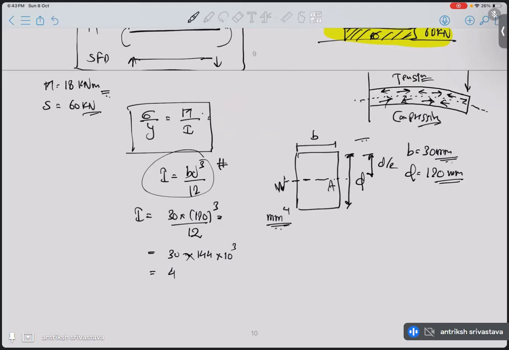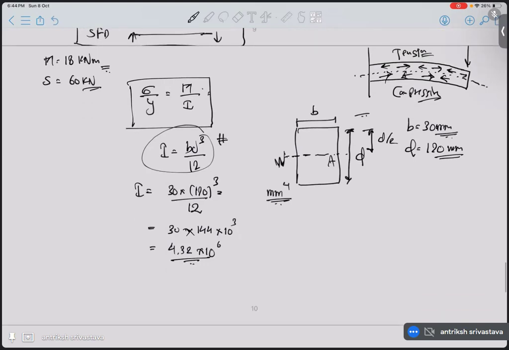So it is 4.32 into 10 power 5. Is this correct? Or 10 power 6? Yeah, I think it is 10 power 6. Can anyone confirm whether this is the moment of inertia? mm power 4. Yes, sir, it is.